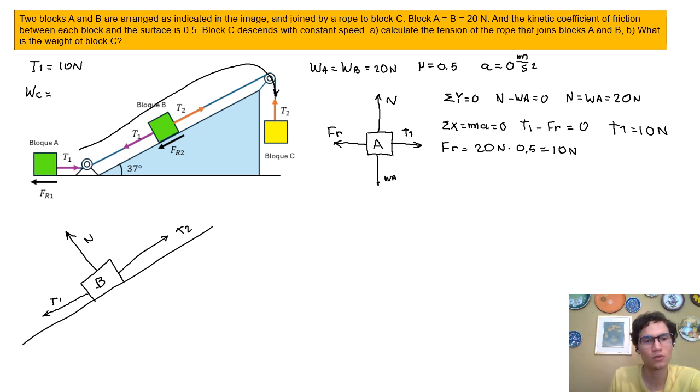But it also is going to be a friction force, in this case friction 2, and also the weight of the block. The normal force is always perpendicular to the surface. So here we got the weight B. Let's draw that, weight B.